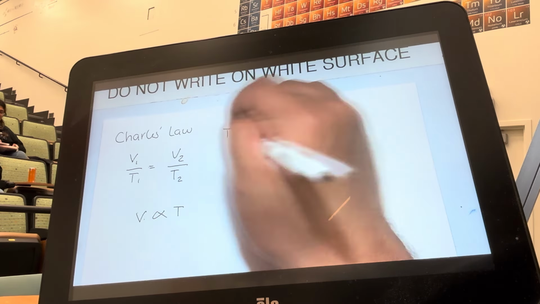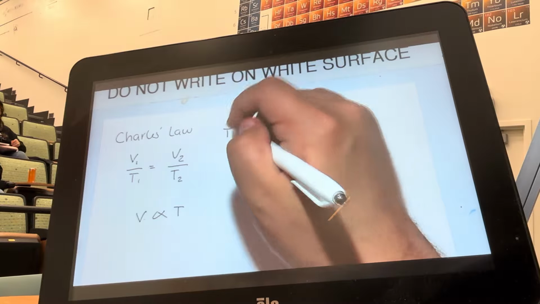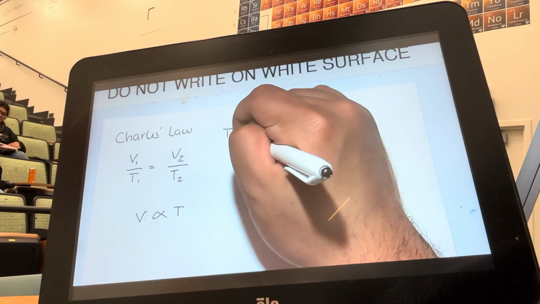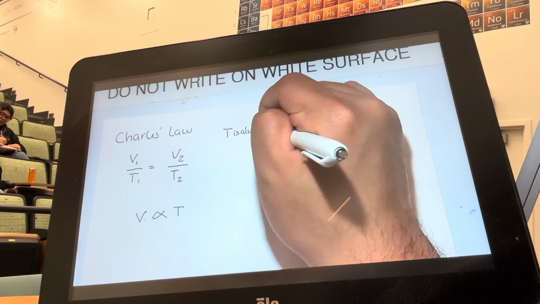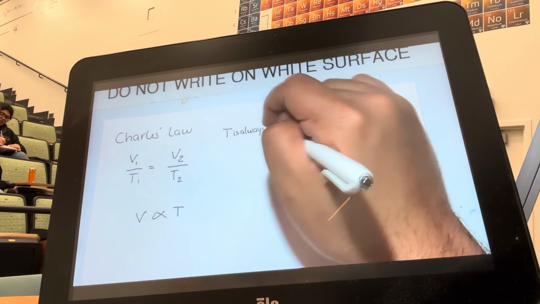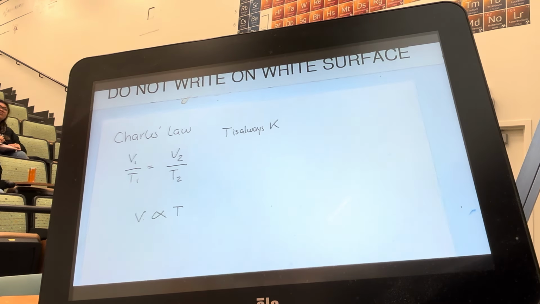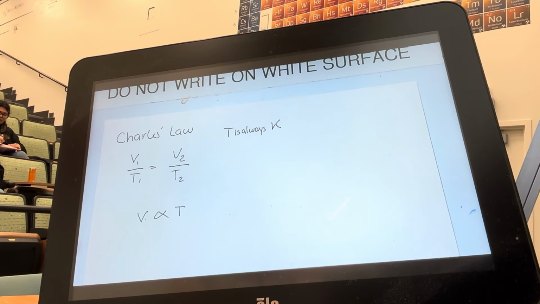Also, really quickly, I know it's kind of tempting, but temperature is always in Kelvin, and honestly, at this point, just always convert it to Kelvin. You're always going to need it in Kelvin anyway. Don't be tempted by not putting it in Kelvin.